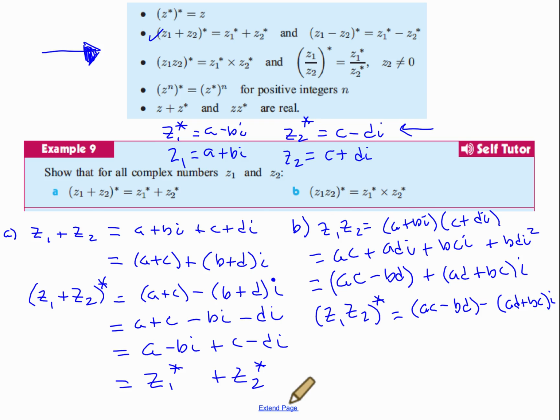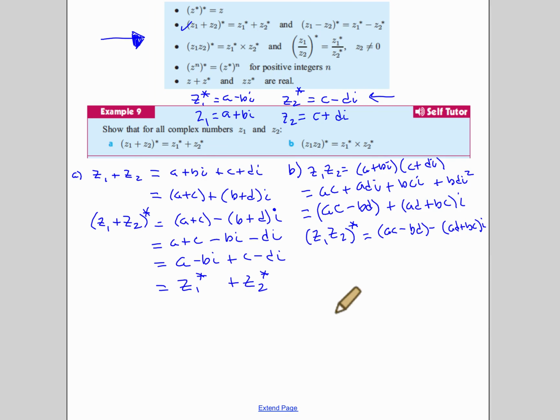Okay? Extend the page a little bit. So now I'm going to do z1 star times z2 star. Okay, now what is the conjugate of z1? That's right here. This would be a minus bi.